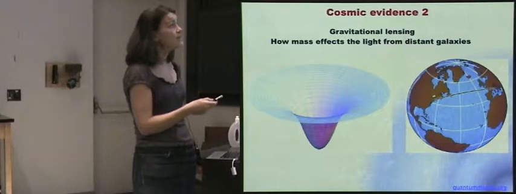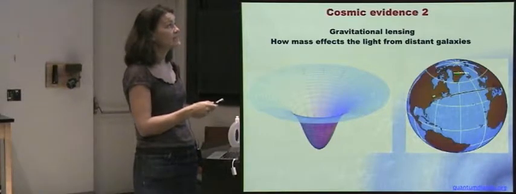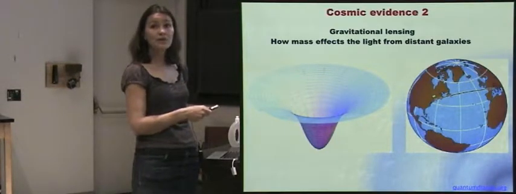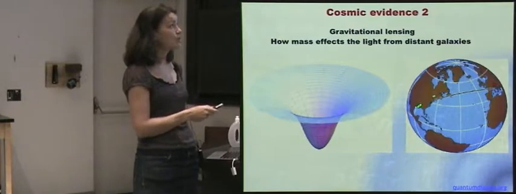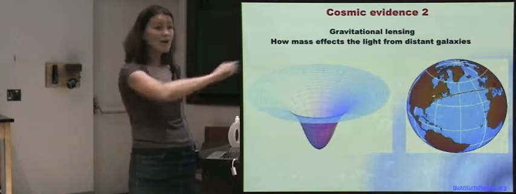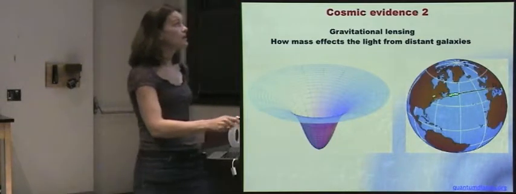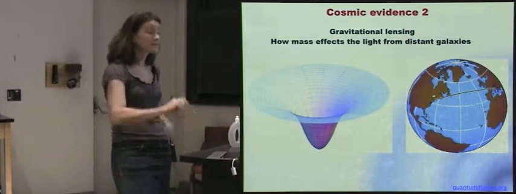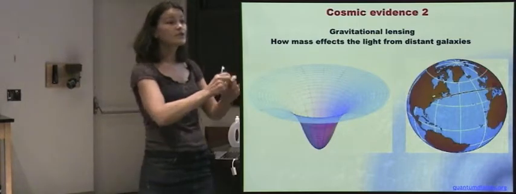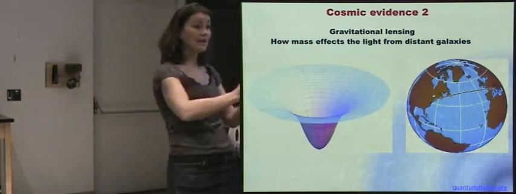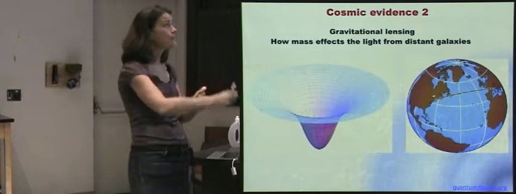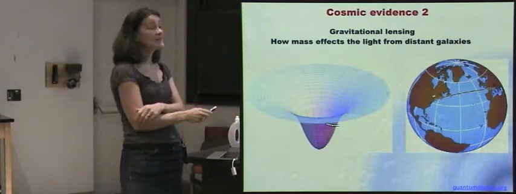So you may be familiar with what a straight line is on an actual sphere. If you think about how planes travel from the US over to Europe, for example, they don't travel in straight lines. They travel in these great circles. That's because when you're on a curved surface, the shortest distance is not actually a straight line. It may be a curved path. And this is true in curved space-time as well.